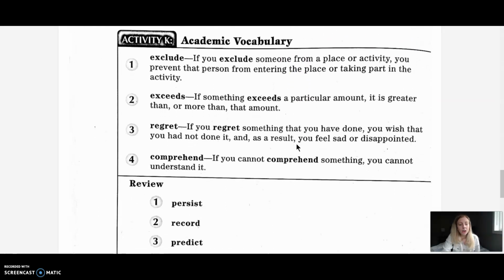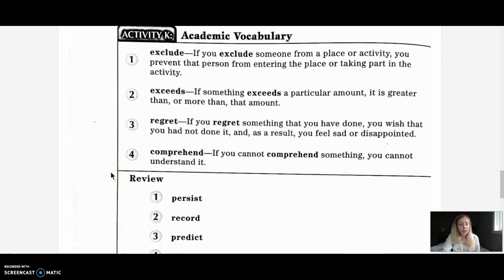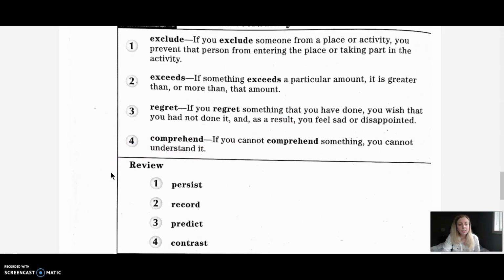So now we are on to academic vocabulary, activity K. So our 4 new words for academic vocabulary are, number 1, exclude, exceeds, regret, and comprehend. So we just did exclude in our spelling list, actually. Okay, so exclude.